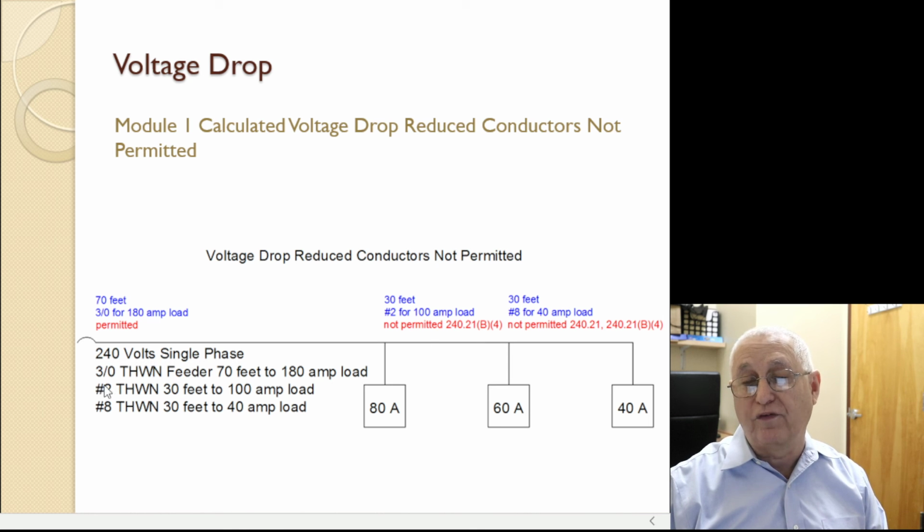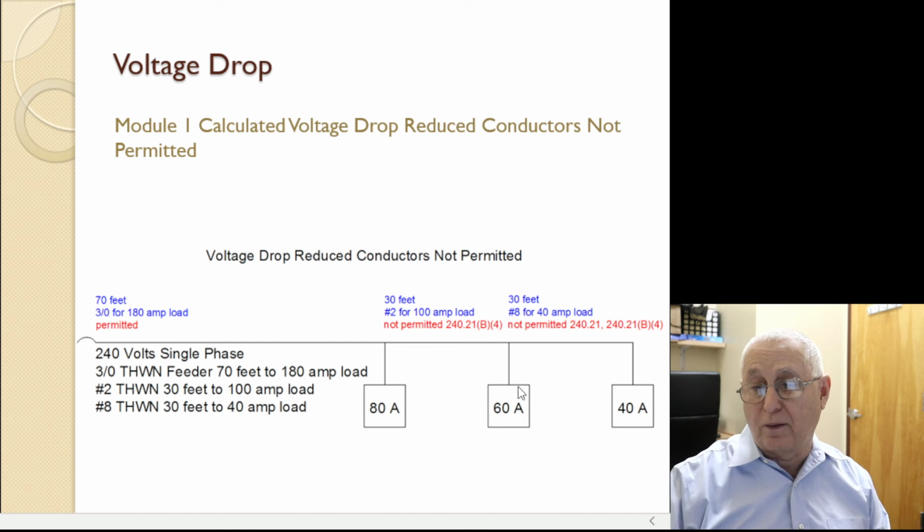Here's a drawing representation of this circuit that we calculated before. 240 volts single phase, 3-aught THWN feeder at 70 feet to the 80 amp load. This is if we were reducing these conductors: a number 2 THWN 30 feet to the 100 amp load, because the 40 and the 60 give us a 100 amp load, and a number 8 finally to the 40 amp load at the end.